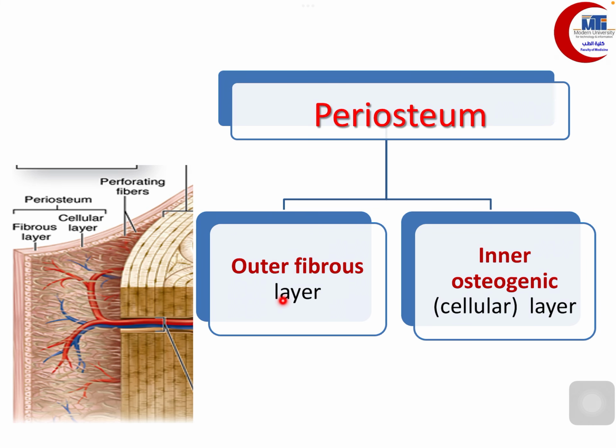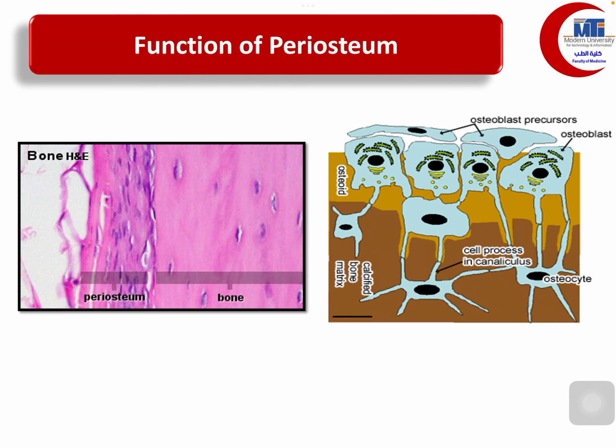So the periosteum, as we mentioned, is formed of the outer fibrous layer and inner osteogenic layer. The outer fibrous layer is formed of type 1 collagen fibers, fibroblasts, and blood capillaries, while the inner osteogenic layer contains the cells responsible for osteogenesis, which are osteogenic cells and osteoblasts.